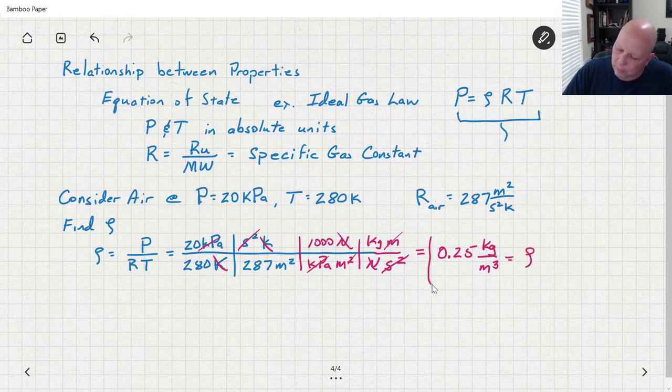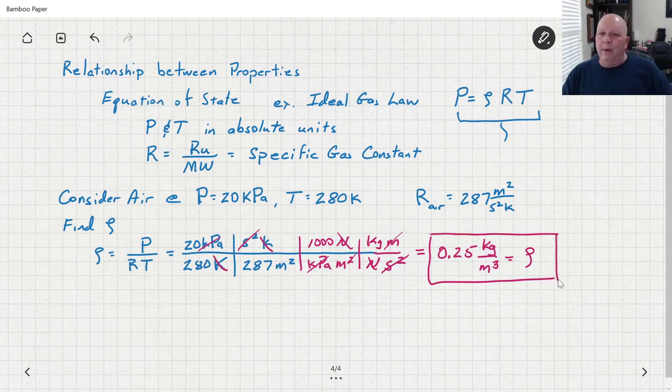A few things I want to point out. If I were to write this down as 0.25 and forget the units, it would be absolutely 100% totally wrong, because 0.25 is not the same thing as 0.25 kilograms per cubic meter. Here's a little example.